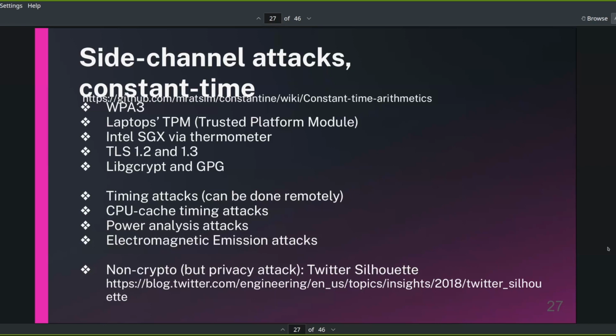It happened for many TLS/SSL implementations, for libgcrypt and GPG, and even for Twitter. Ad companies could retrieve the Twitter username of someone that visits their website by testing the time it takes to load some profiles on Twitter using Twitter cookies.